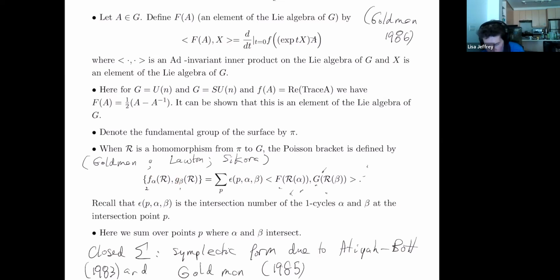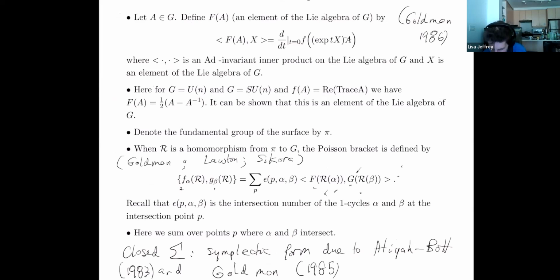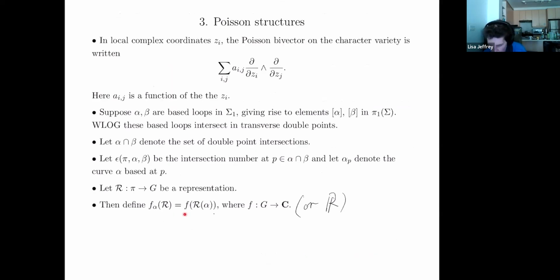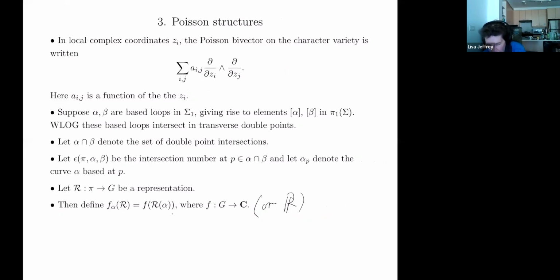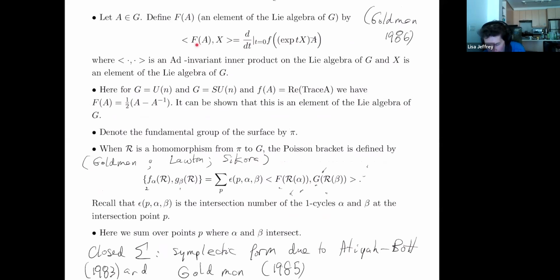Those are just functions from the group to the complex numbers or the real numbers. And then for any such function, you get another function which is into the Lie algebra. So I think all that I'm choosing here is the Killing form. Okay, thank you.